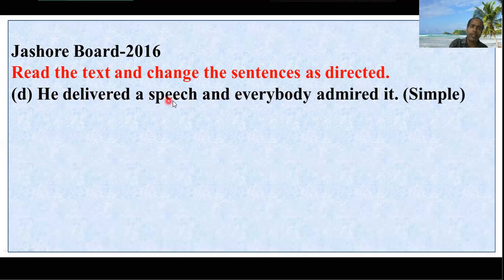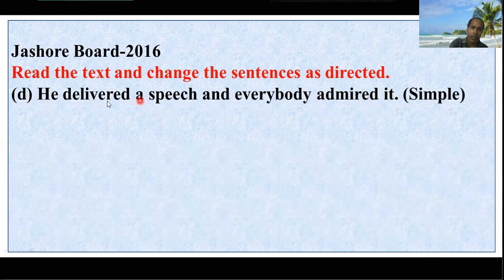"He delivered a speech" - there is no place to go or to sit in the principal clause. This is the principal clause: "Everybody admired it." This subject has no place in the principal clause.